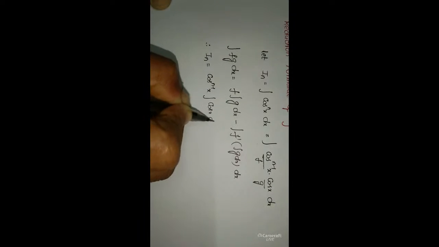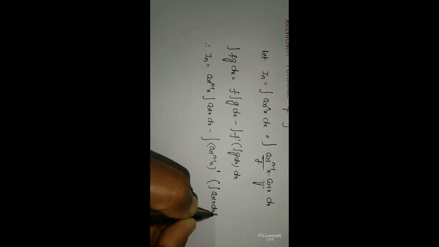therefore I n is equal to f into integral g, that is cos power n minus 1 x into integral cos x into dx, minus integral f dash, that is cos power n minus 1 x whole dash, into integral g dx, that is integral cos x into dx. And this is equal to cos power n minus 1 x into integral cos x.